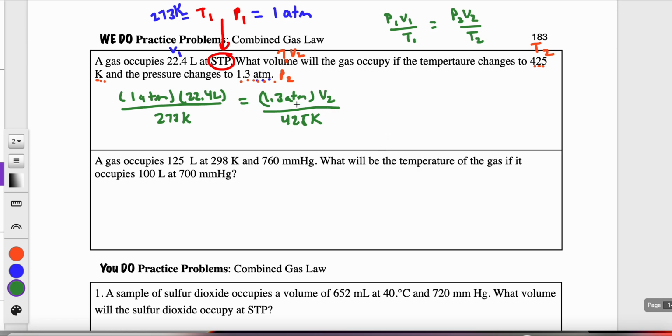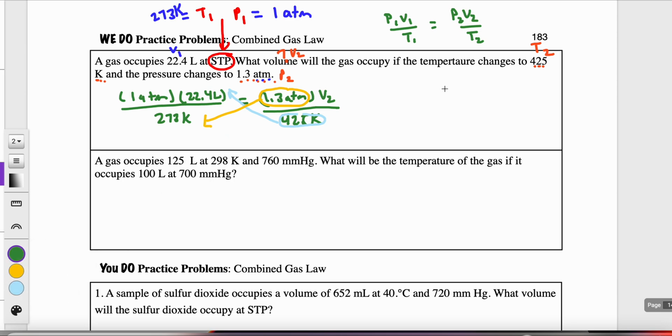Now here's the thing. We have two fractions that are set equal to each other, so this requires cross multiplication. We want V2 to stay right here, so we need to cross the other values with V2 to the other side of the equal sign. Since 425 is in the denominator, when we cross it over, it becomes part of the numerator. And that pressure of 1.3 atmospheres, because it's in the numerator on the right-hand side, gets crossed over to the denominator.